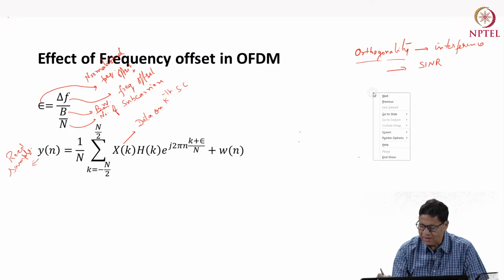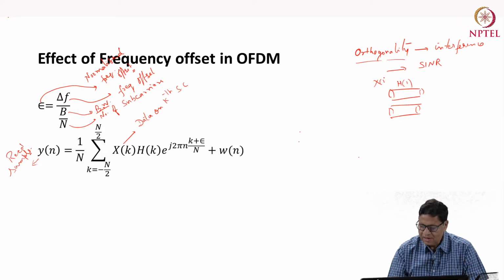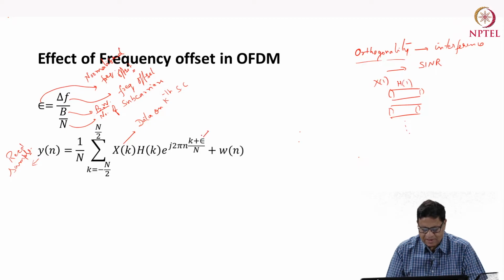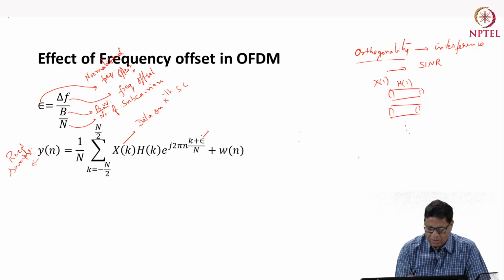So you have parallel channels for each subcarrier, for example this is the first carrier H1 and xk is the data on it. So there are K such channels, and this will be e raised to j 2 pi n k plus epsilon, where epsilon is the normalized frequency offset. And this is the noise.